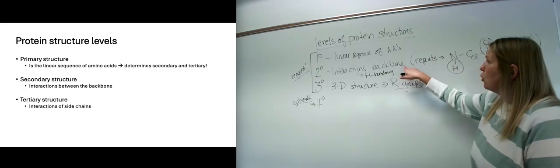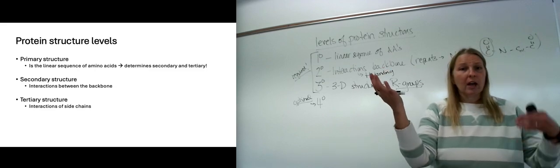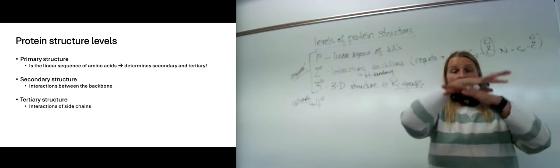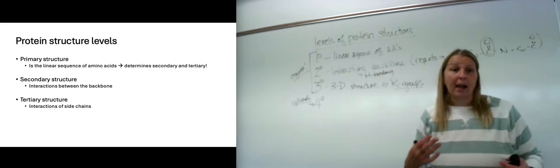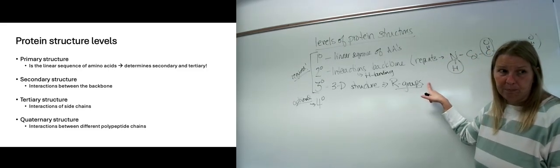So again, there's only one type of interaction in secondary structure, but with the R groups, we have polar, nonpolar, acidic, basic. There's a lot more variety in terms of what types of interactions we can have, which is why we get lots of different types of structures here.